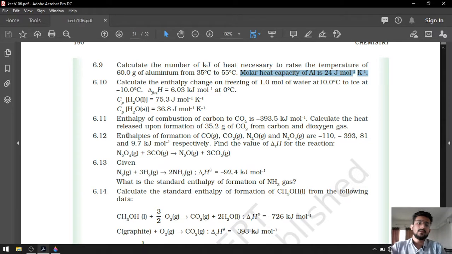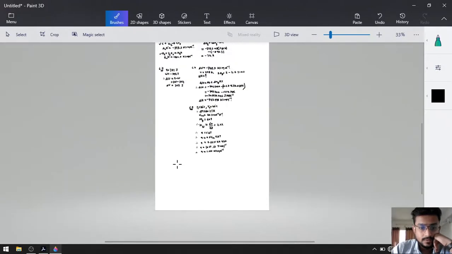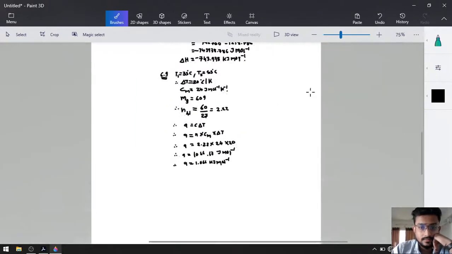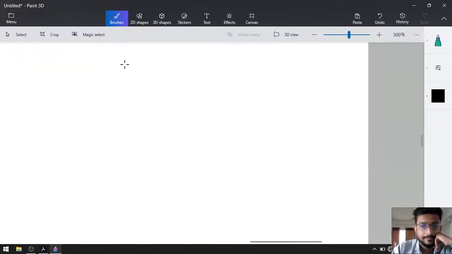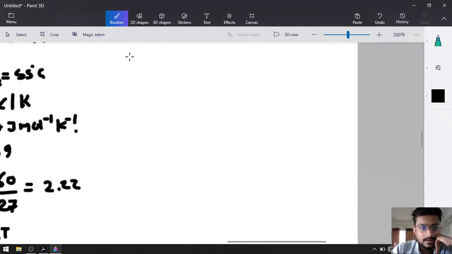After that, our next question 6.10. Calculate the enthalpy change of freezing 1 mole of water at minus 10 degrees Celsius. So our next question, let's calculate over here. 6.10.